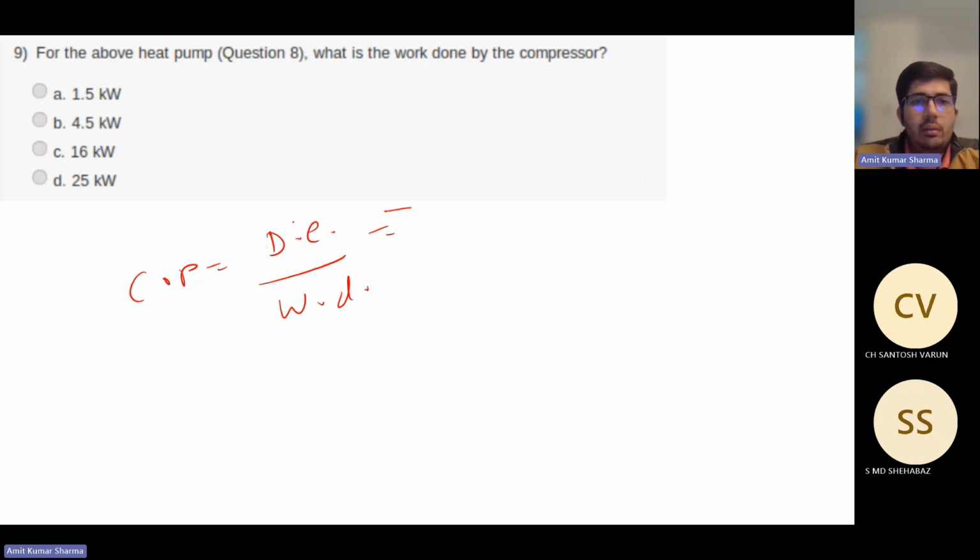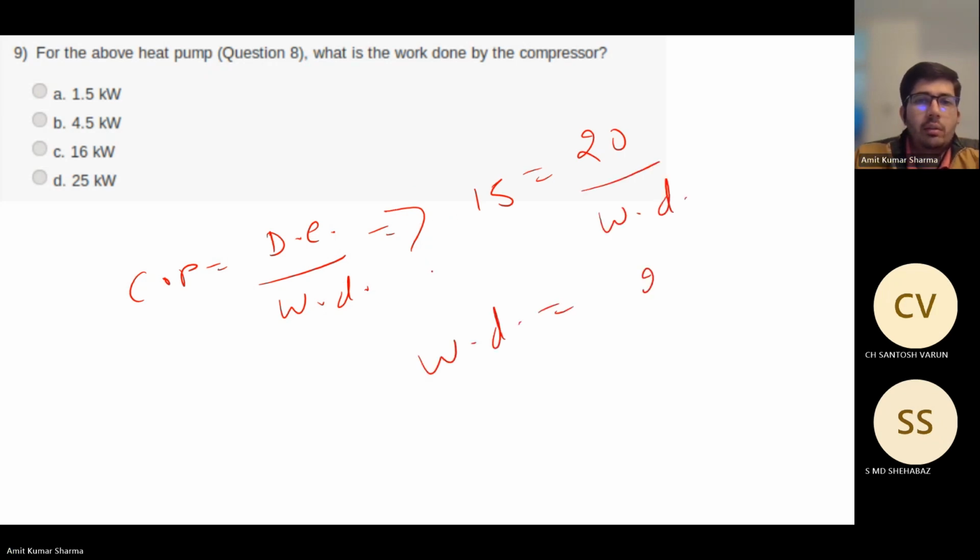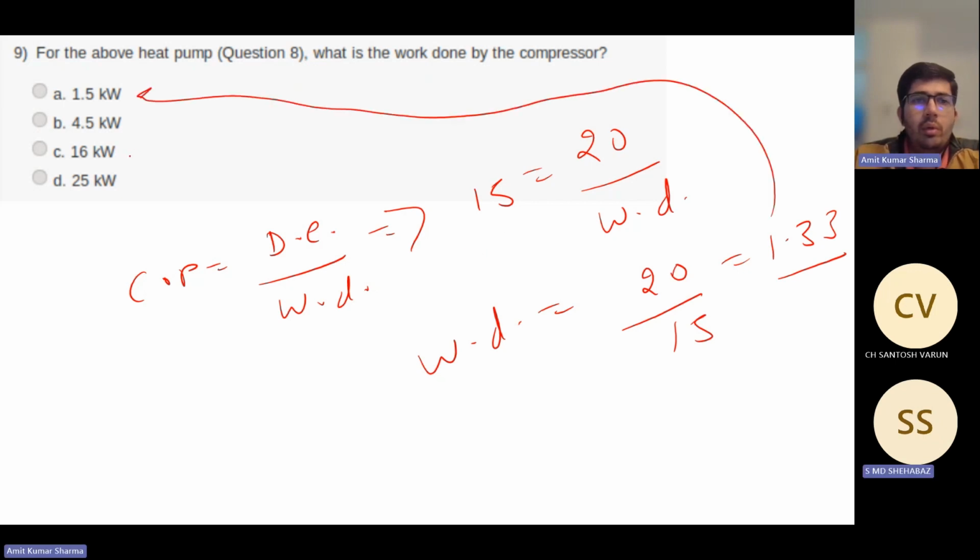So put the data: 15 equals 20 upon work done. So work done will be 20 upon 15, 1.33. So go for the nearest option. That will be 1.5 kilowatt. So the correct answer is A, 1.5 kilowatt.